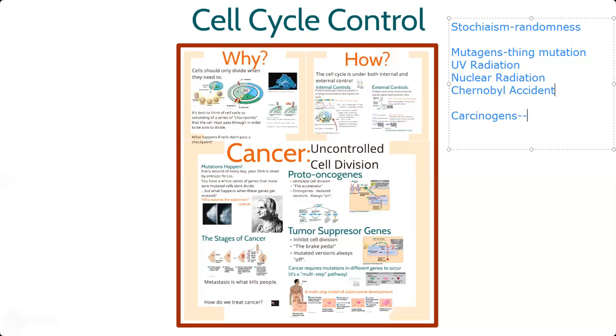Now, carcinogens, these are chemicals or molecules that cause mutation, that cause cancers. Okay. So carcinogens, the one that you have to know for your exam is smoking, so tobacco. We do know that there is a causal link between tobacco use and cancer.